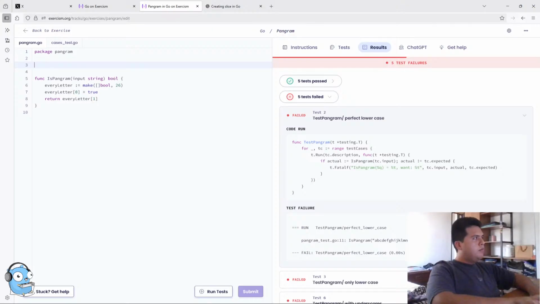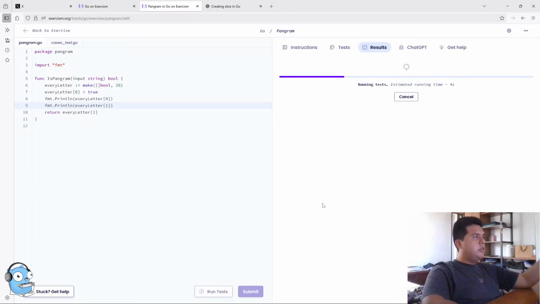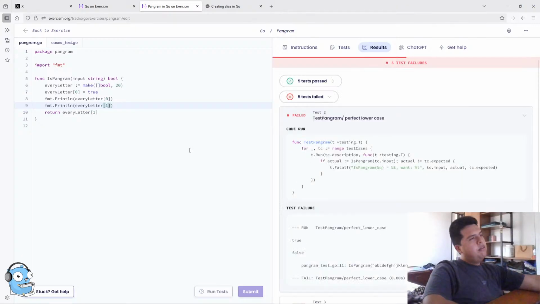I want to use fmt.Println. I forgot to import fmt. Println every letter, 0 and 1. Okay, and I want to check where it is true and where it is false, and what happens if I don't do anything with the value true.